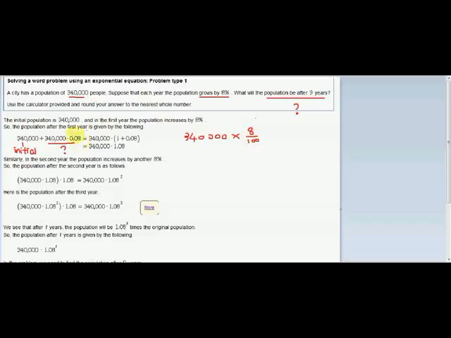This is how they got this. This is the amount of extra population growth after 1 year.